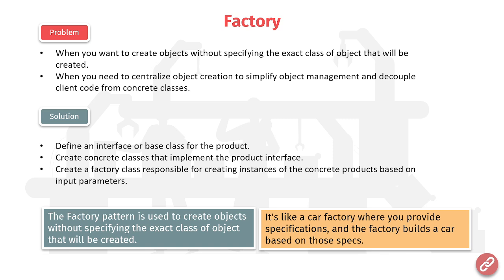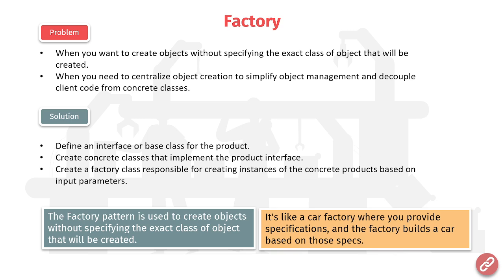So the factory method is used to do that, right? The factory pattern is used to create objects without specifying the exact class of object that will be created. So that is the takeaway for the question, what is the factory method responsible for, right?